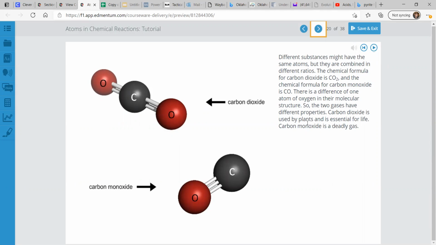And the chemical formula for carbon monoxide is CO. There is a difference of one atom of oxygen in their molecular structure. So the two gases have different properties. Carbon dioxide is used by plants and is essential for life. Carbon monoxide is a deadly gas, on the other hand. So one's for life, one can kill you. So be careful.